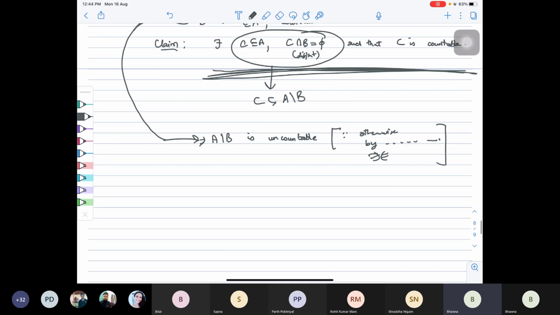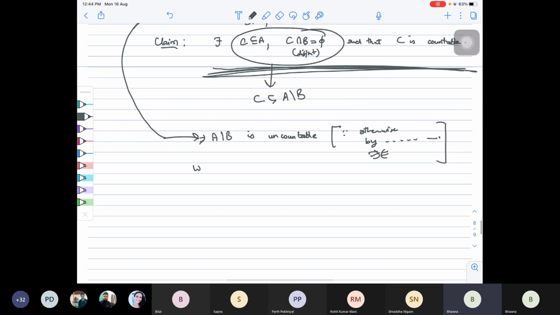Okay? Because it is uncountable, we also know that any infinite set has a countable subset. Yes, ma'am, this we have done in the class.